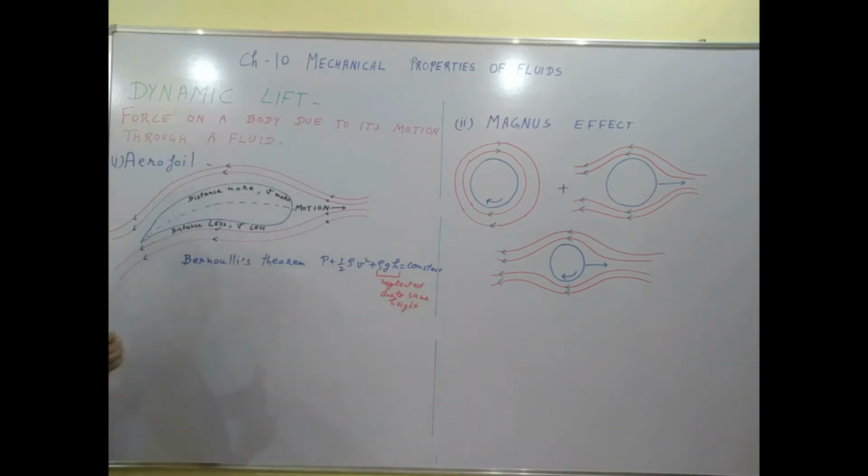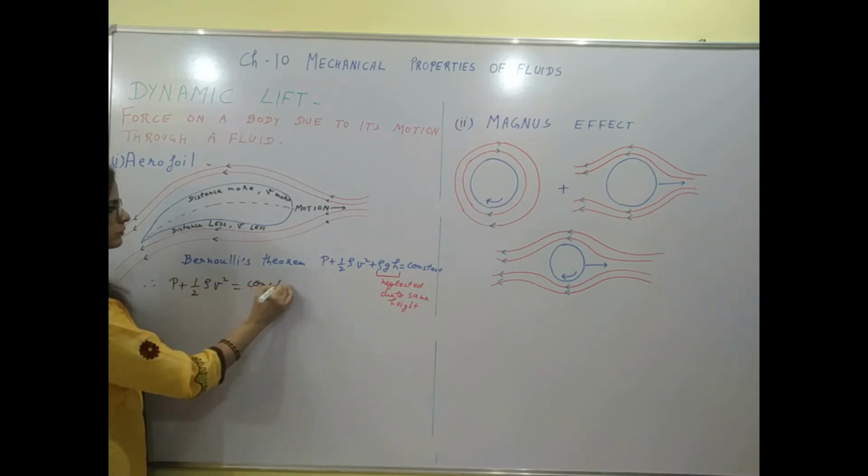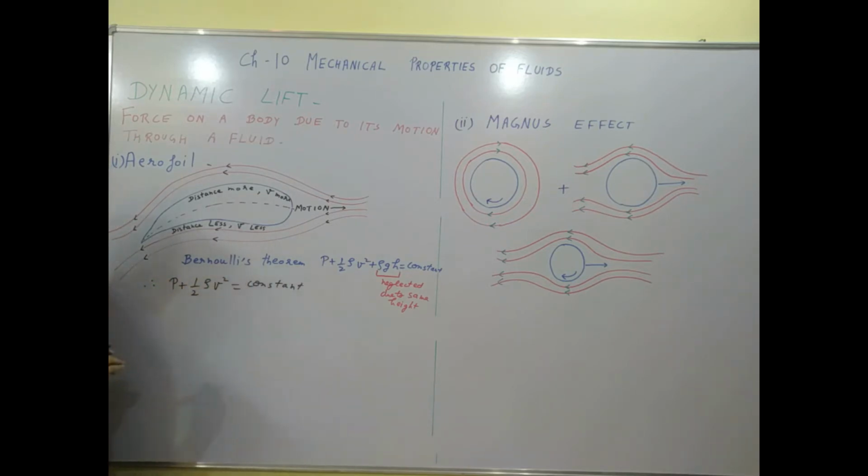So what will be our expression for understanding this? Our expression will be P plus half rho V square is equal to constant, right? So this sum is to be constant.